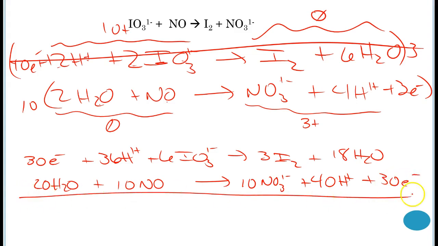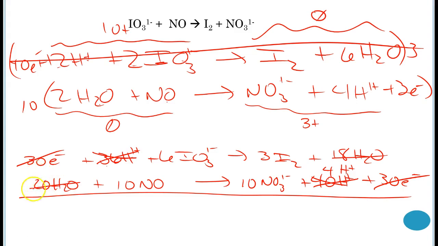So I'm going to add them together and cancel out things that are the same. First of all, the electrons always will cancel out. Now you might notice that I have some H+ on opposite sides of the arrow. I have 36 on the left and 40 on the right. What that does is these go away. It leaves me with a net of 4 H+. I also have 18 waters on the right and 20 waters on the left.